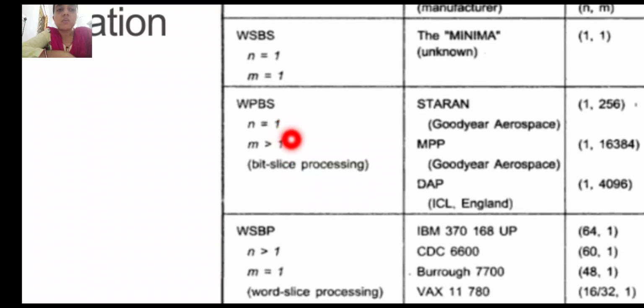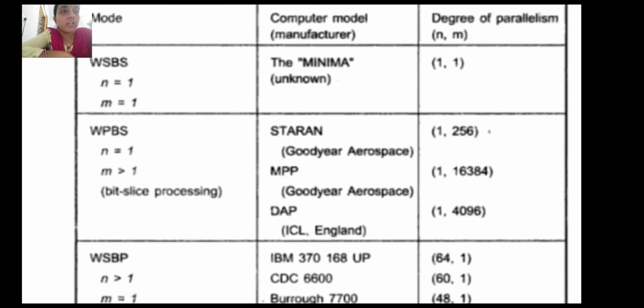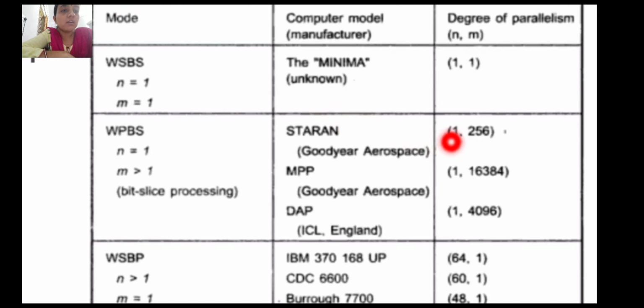The value of n is constant and m varies. It is called bit slice processing, and examples are STARAN, Goodyear Aerospace MPP, and Goodyear Aerospace DAP, ICL England. Here the degree of parallelism for STARAN is 1,256.